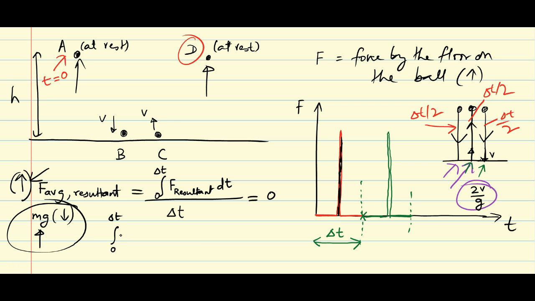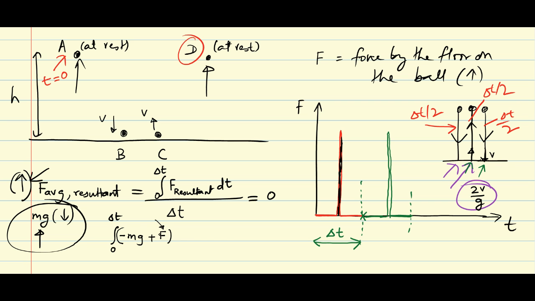One of them is gravity, and since I have taken upward positive, the weight of the ball is minus mg, plus the other force acting, which is the force exerted by the floor on the ball, that's called F. So that's the resultant force at any point of time. This F is sometimes equal to 0 when the ball is not touching the floor, and sometimes it's a high force, an impulsive force.